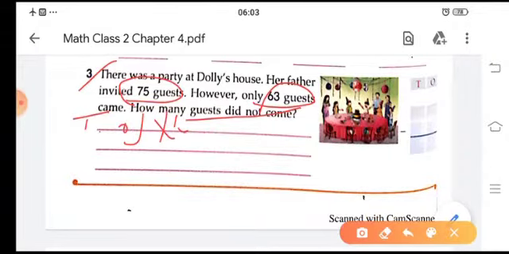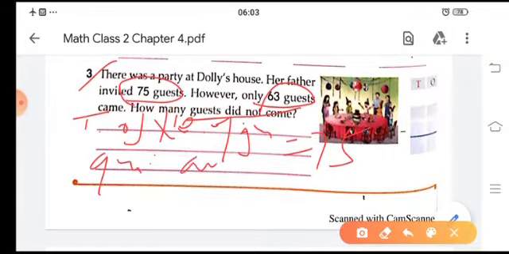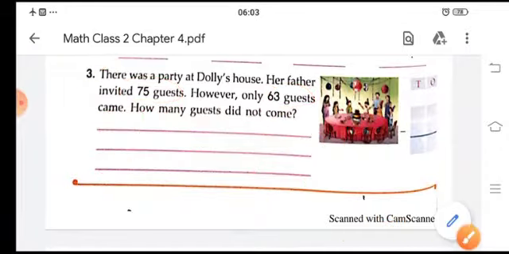I'm writing in short form, children, but you write in full form. Guests 75. Then guests arrived 63. Then we'll minus 63 from 75. We'll get 12. So that means 12 guests did not arrive at the party. In this way, we'll do the other sums also.